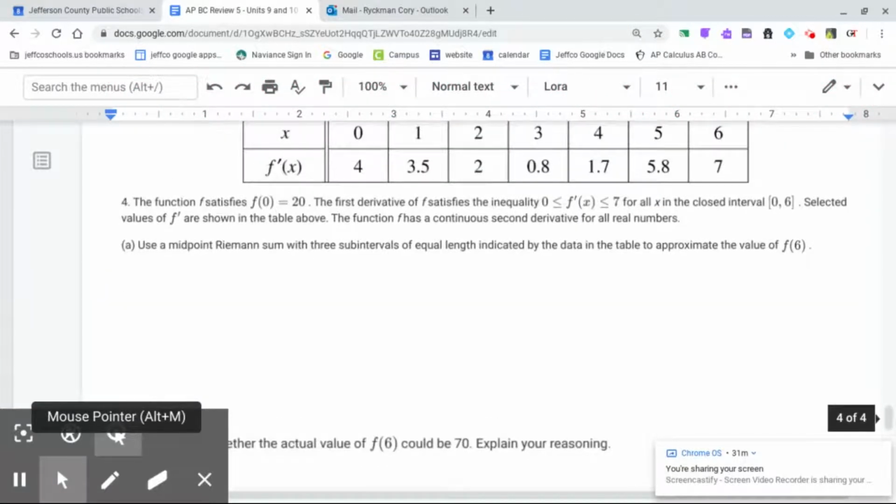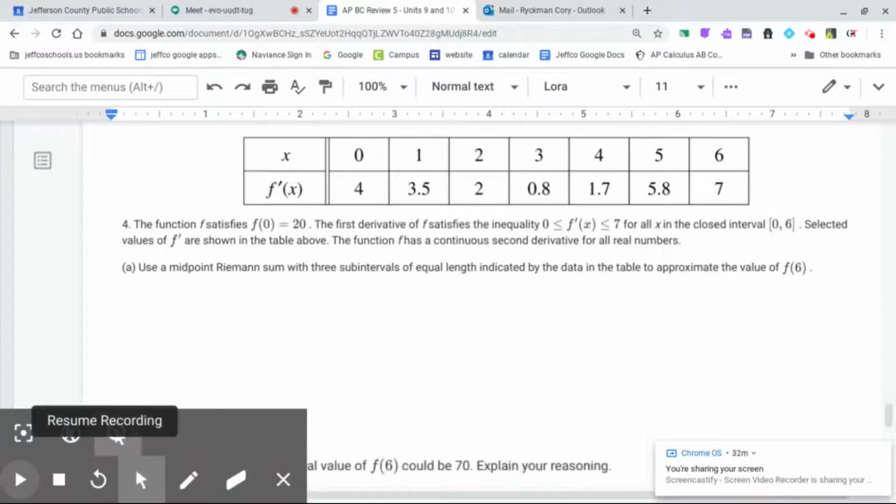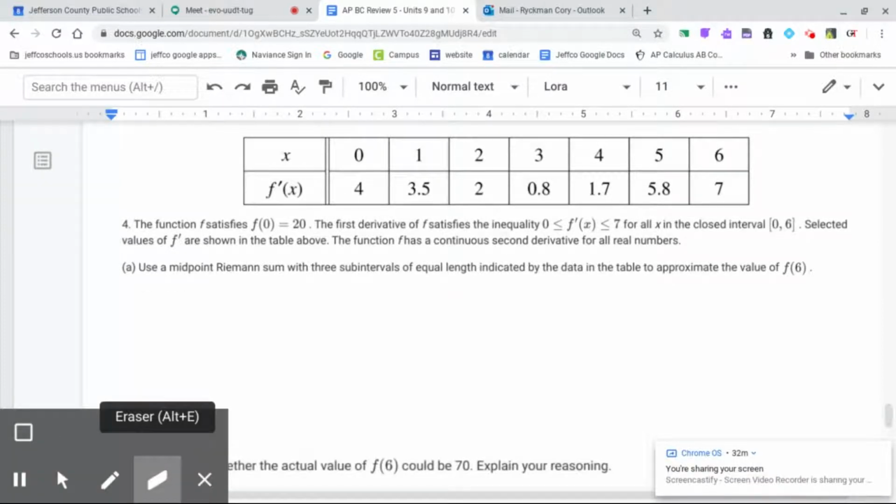Take 15 minutes to try this. You do not need a calculator, use your notes, and go, and I'll talk to you on the other side. Okay, here we go. For this, did you get 40.2 for the first? I did. I hope that's right.